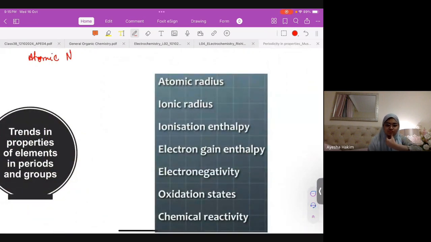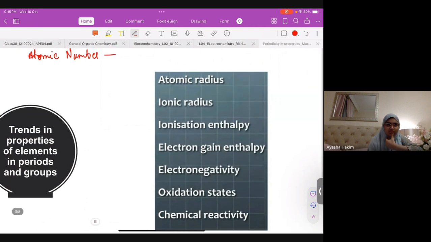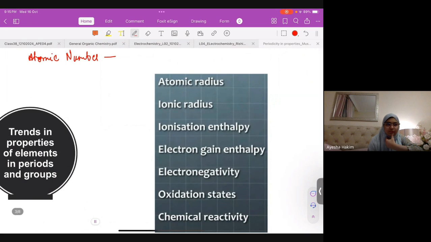And what do you understand by atomic number? Atomic number is the number of the element. What is it equal to? Atomic mass is equal to its mass.